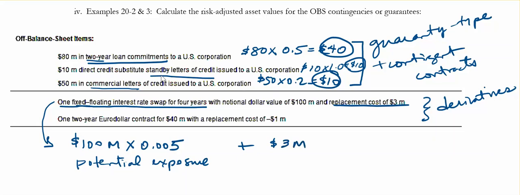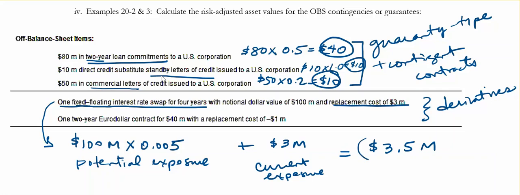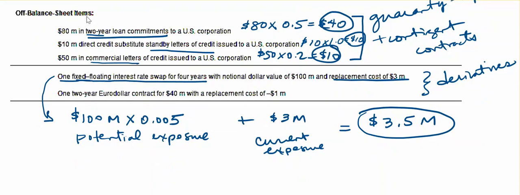So that's the current exposure. And that will give us $3.5 million for the fixed floating interest rate swap. All right, and just because I'm running out of space, I'm moving everything down here.